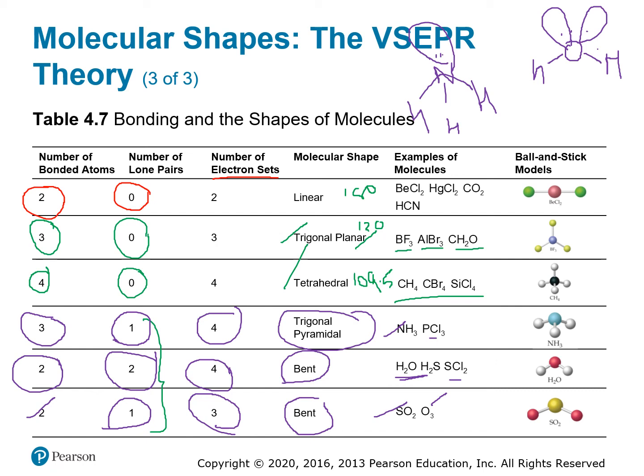And the last one was when you have 2 bonded atoms and 1 lone pair, and the number of electron sets is 3. Instead of getting trigonal planar, the lone pair sits here, so that's why you get only the bent shape.